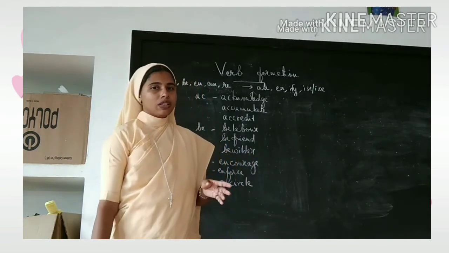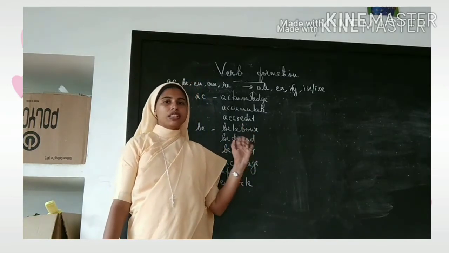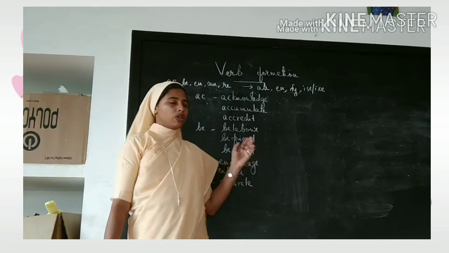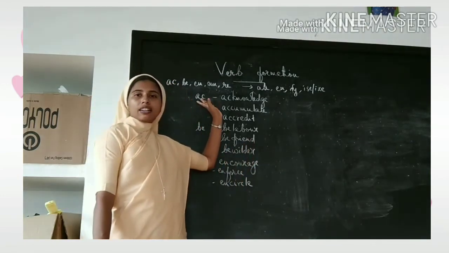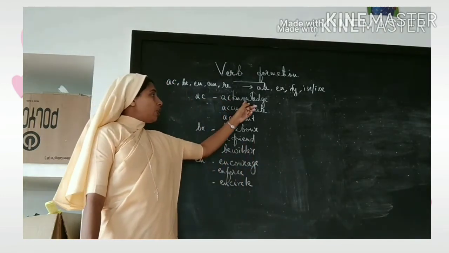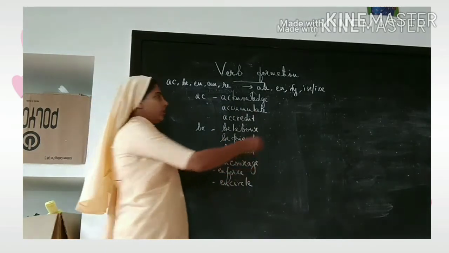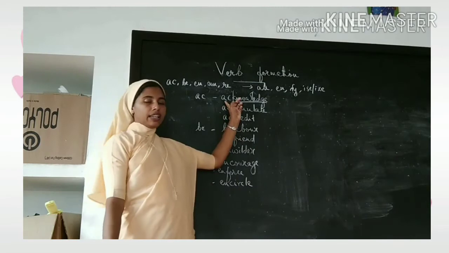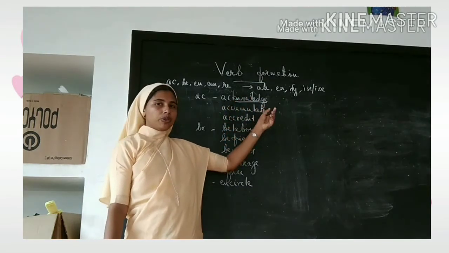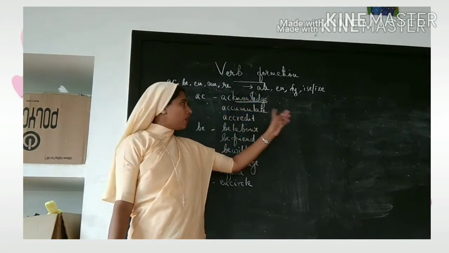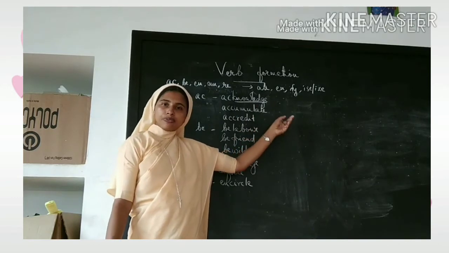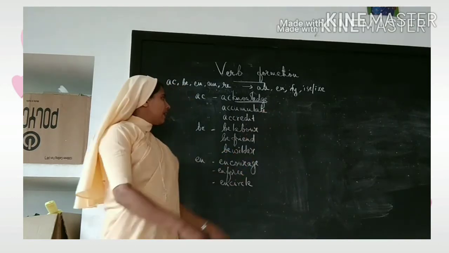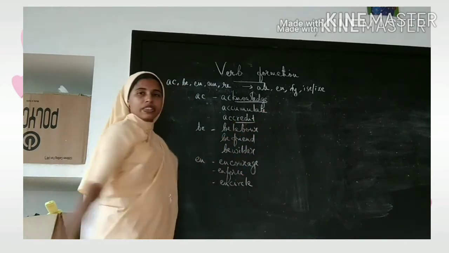So children, let's see some of the prefixes that are used in order to form verbs. One is ac. Knowledge, that is a noun. When you add ac to the noun knowledge, you will get a new verb, acknowledge. And credit, that's a noun.